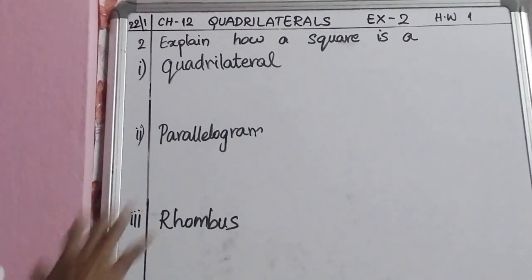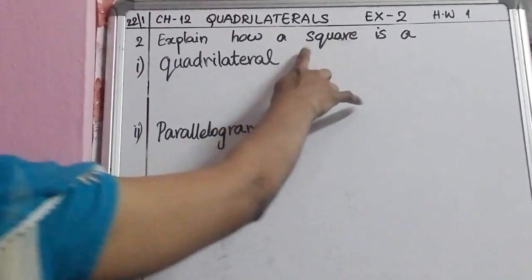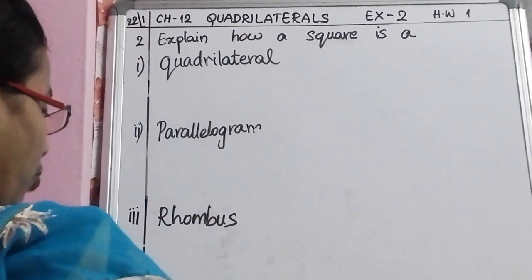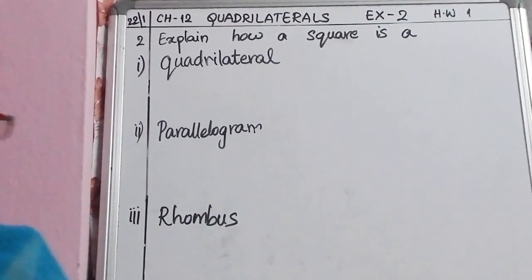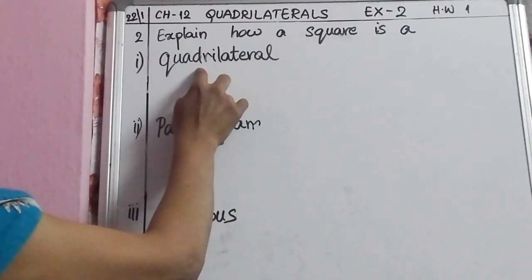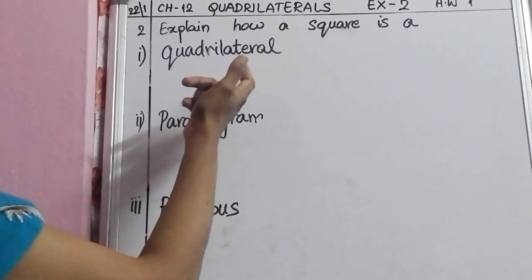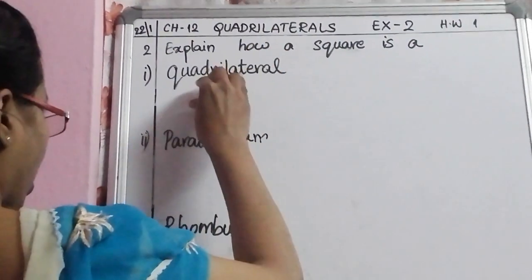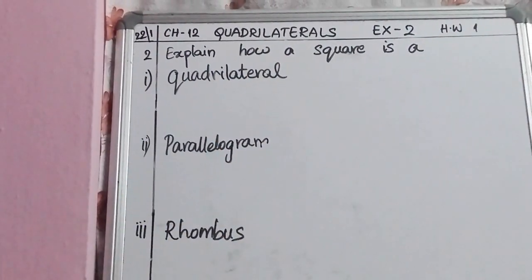So here, if you are sure of the properties of a square, then you will be able to write. How can you say that a square is a quadrilateral? What is a quadrilateral? A shape, a closed figure which has 4 sides.